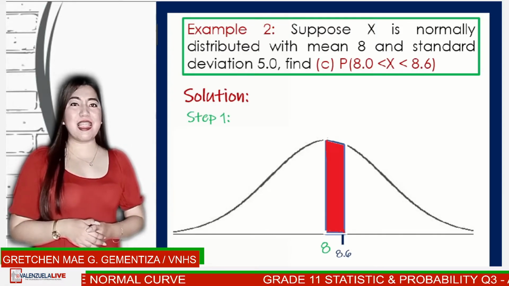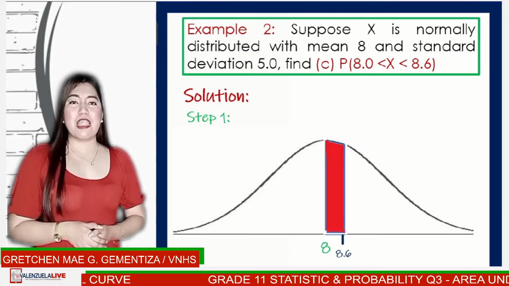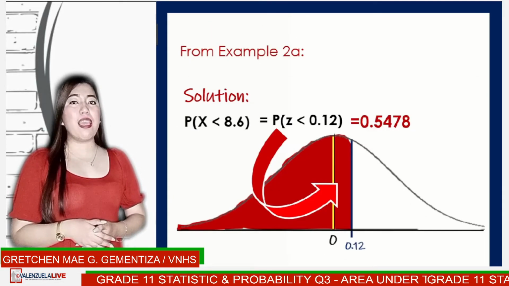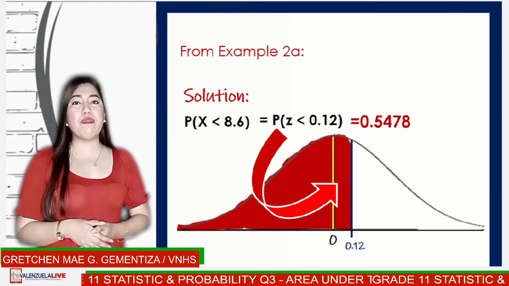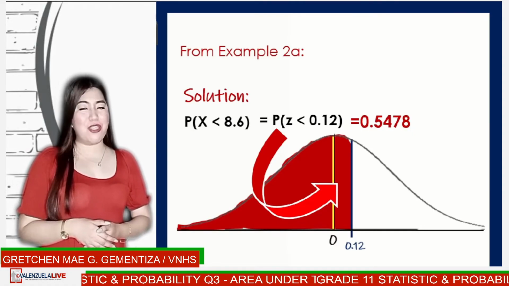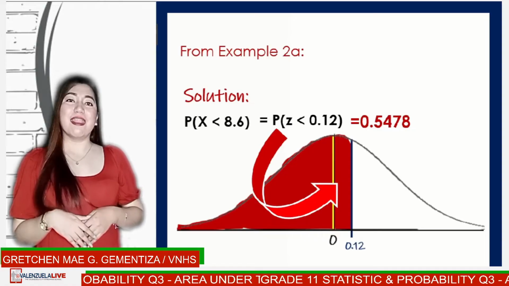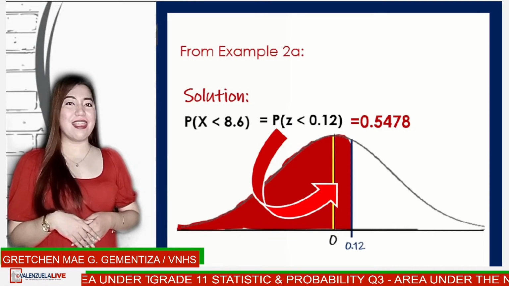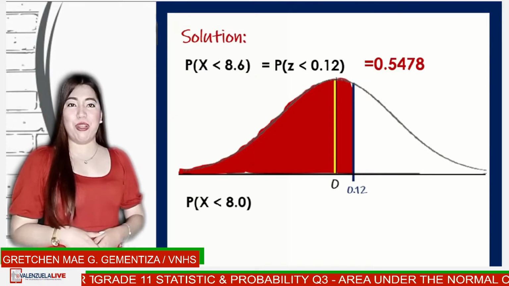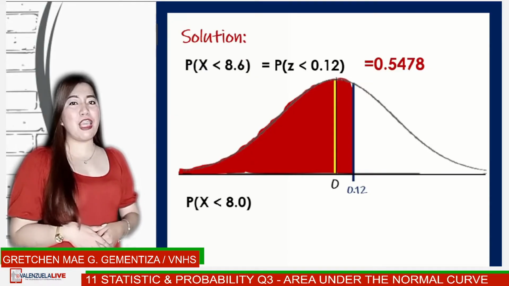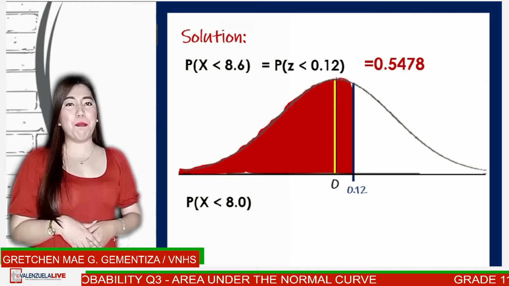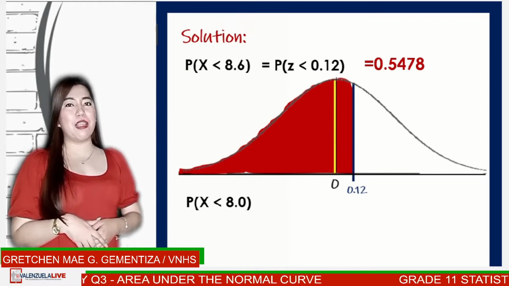and 8.6. Step 2. Again, from example 2a, we already solved the equivalent z-score, which is 0.12. This time, we have two given x-scores, the 8 and 8.6. We already solved the probability of z-score less than 0.12, which is 0.5478.